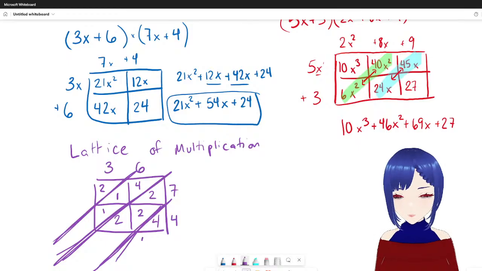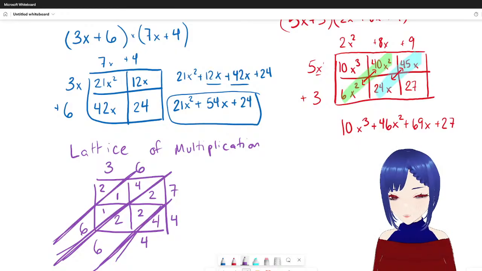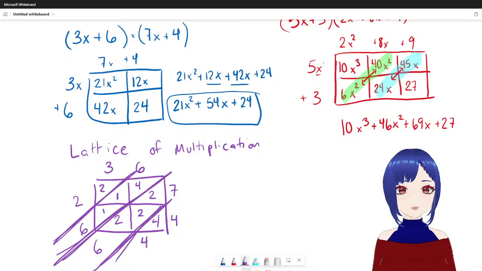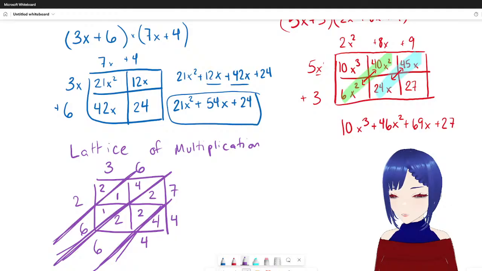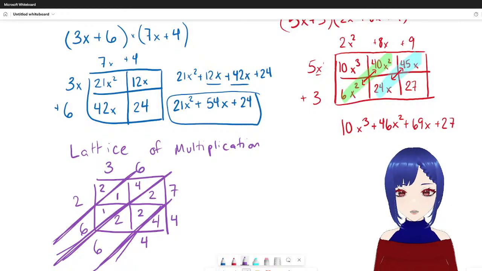So 4 plus nothing is 4, so we have the 4. 2 plus 2 plus 2 is 6. 4 plus 1 plus 1 is 6. And then 2. And if you remember when we did that earlier one, we did get 2,666 as our answer.